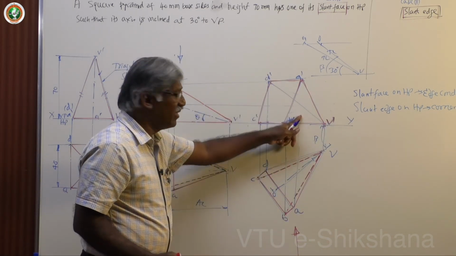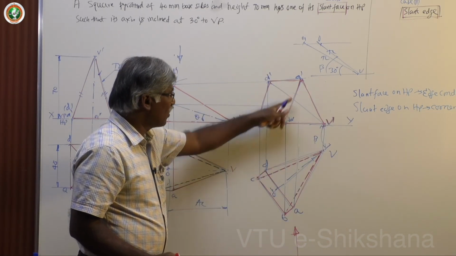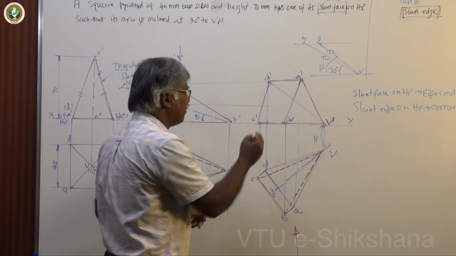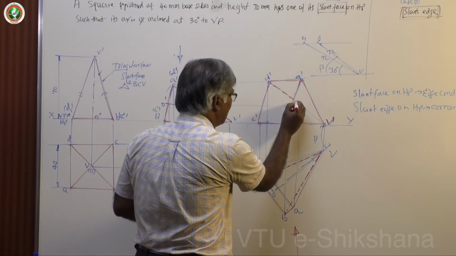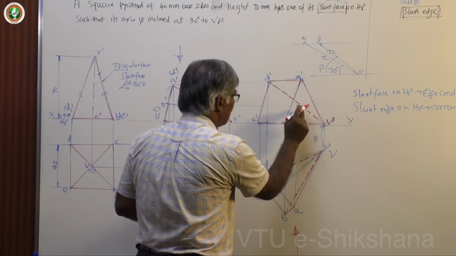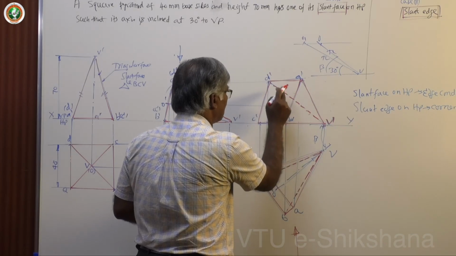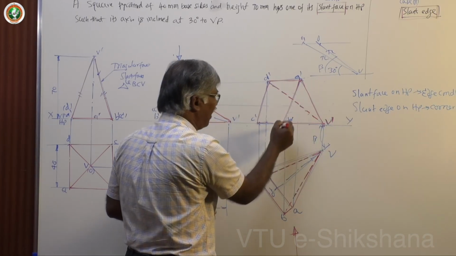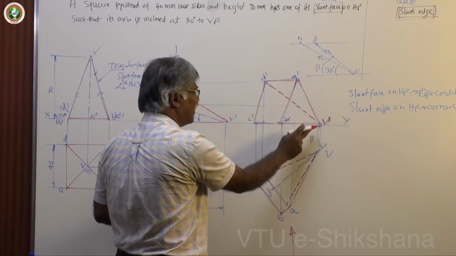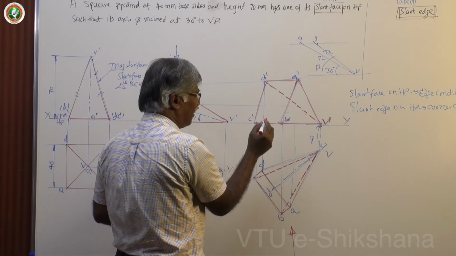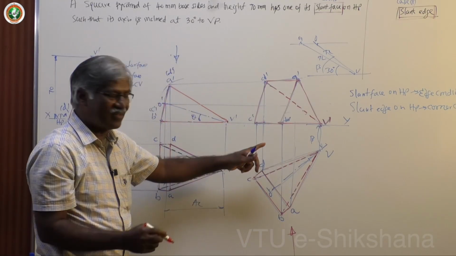What about this line? Visible surface, invisible line, very easy to identify. Visible surface, invisible line or crossing line. Okay, it's very easy to understand.